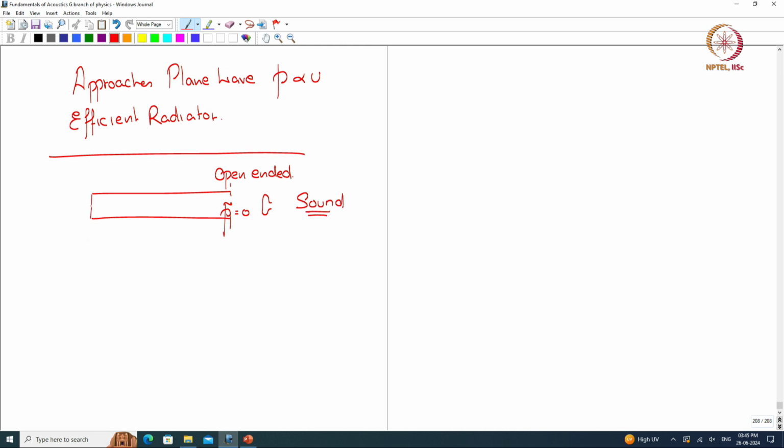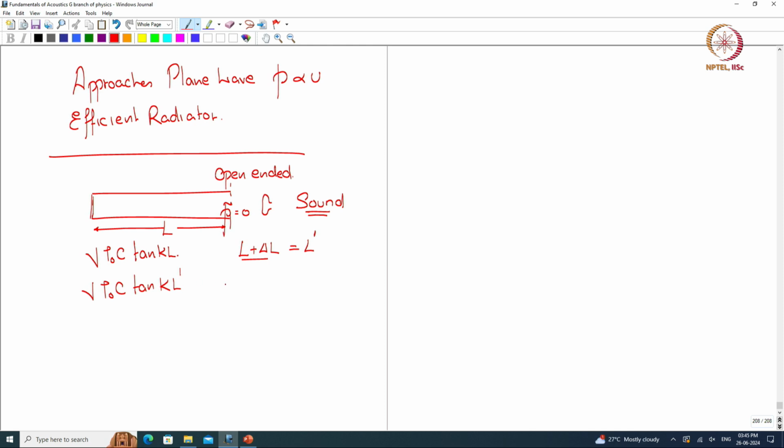Now, the impedance from the piston is J rho 0 C tan KL. Okay. So, now what happens is that there is an effective length. If this is the length, there is an effective length which is L plus delta L equal to L dash. So, the impedance ends up as rho 0 C tan KL dash.